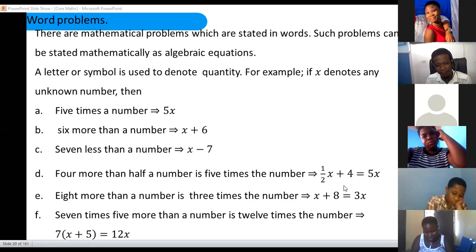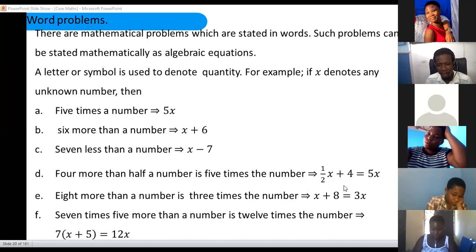First, we have to find half that number before we find 4 more than half that number. So when we say 4 more than half a number, half that number is half x, because we said let x denote the unknown number. So if you have 4 more than half a number and x is the number, then half that number is 1 over 2x.